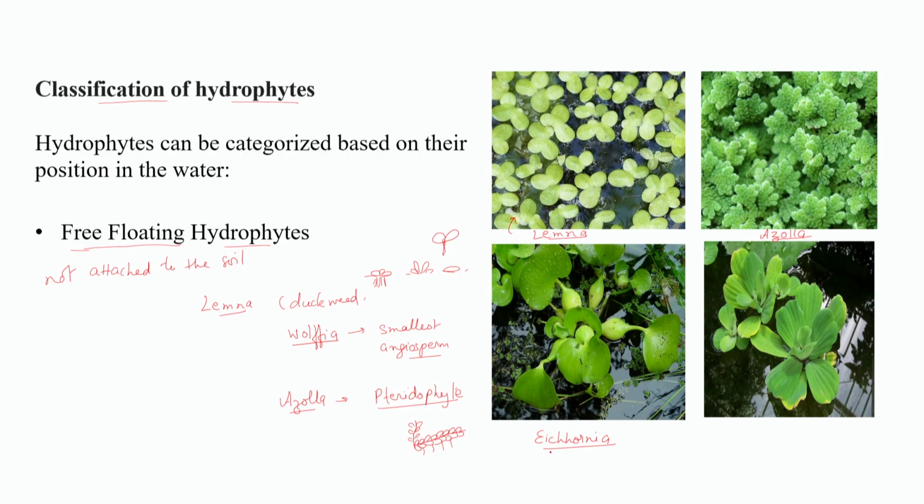This is water hyacinth. You all would have seen this water hyacinth. You can say it's a weed also. It is growing, occupying ponds and lakes, and wherever it is growing, it is abundantly growing and occupying all the areas. And maybe you would have heard of the eutrophication process.